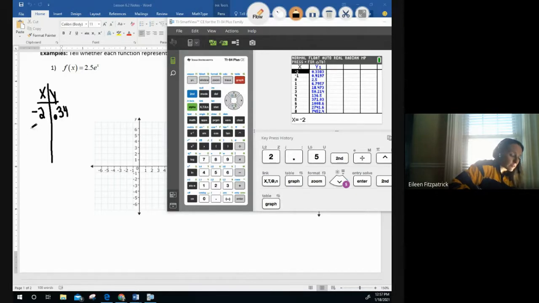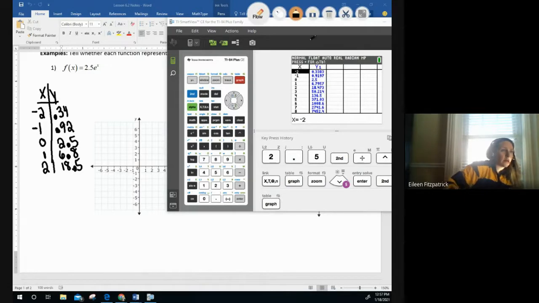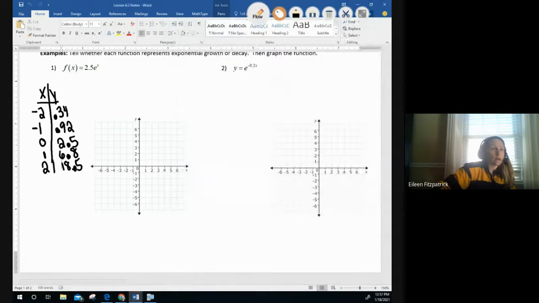These are approximations. -1 is 0.92 approximately. 0 is 2.5 exactly. 1 is 6.8, and 2 is 18.5. Right, so now I can plot those points, or maybe not all of them, but enough of them to get the shape of the graph.